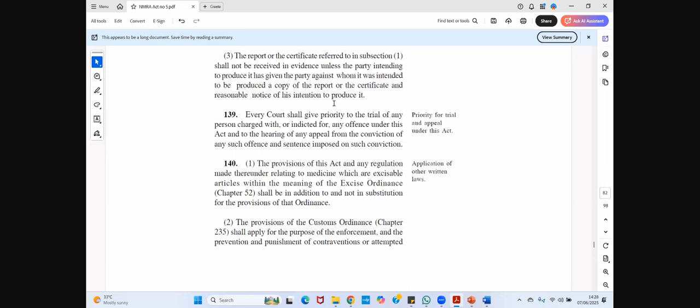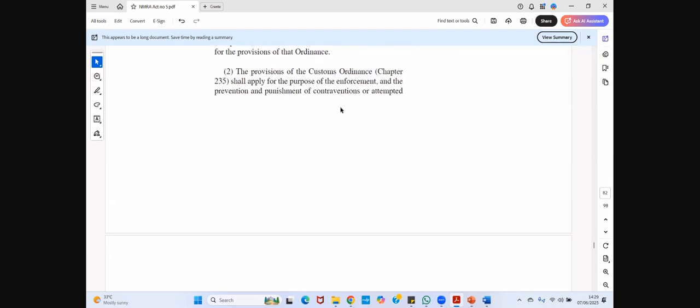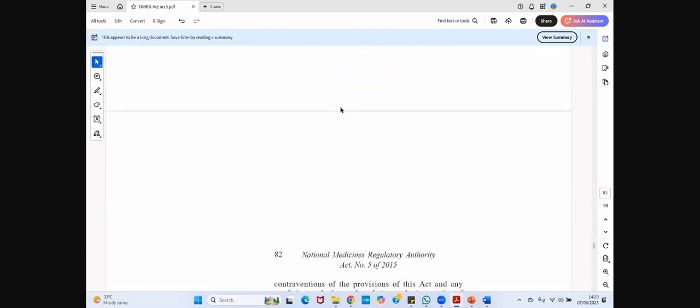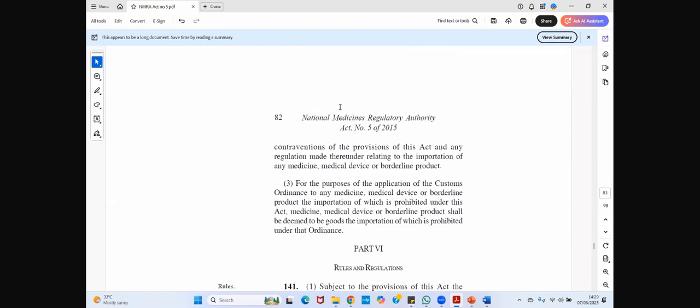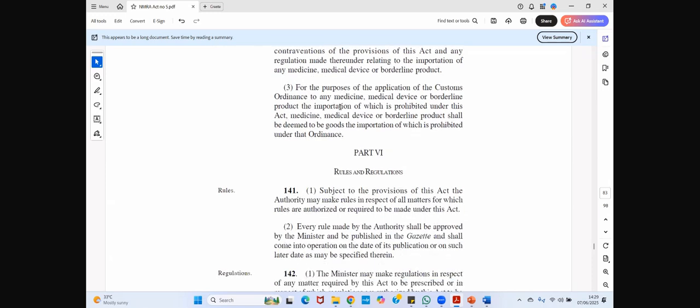So the provisions of the Customs Ordinance shall apply for the purpose of enforcement and the prevention and punishment of contraventions or attempted contraventions of the provisions of this act and any regulation made thereunder relating to the importation of any medicine, medical device, or borderline product.